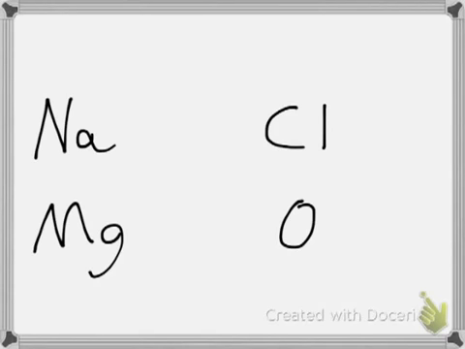So sodium is a 1A group element, so it will have 1 dot for 1 valence electron. Okay, and magnesium is a 2A, so it will have 2. Chlorine, on the other hand, is in group 7A, so it will have 7 little dots that surround it.